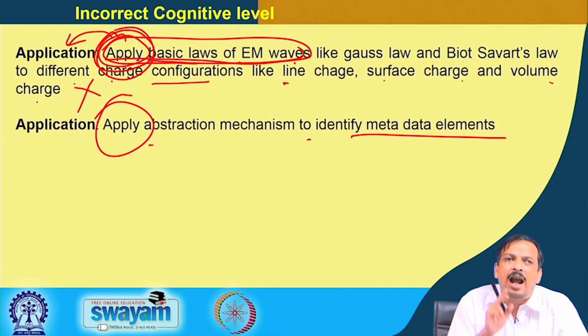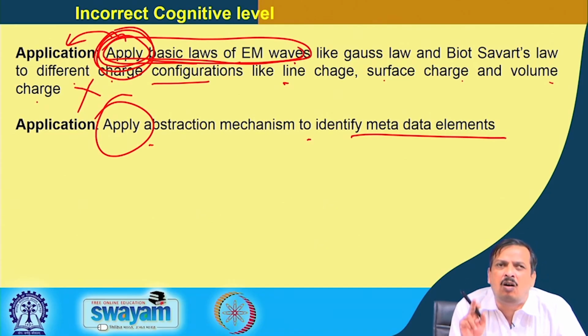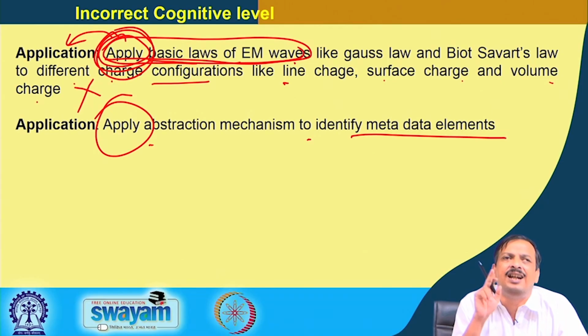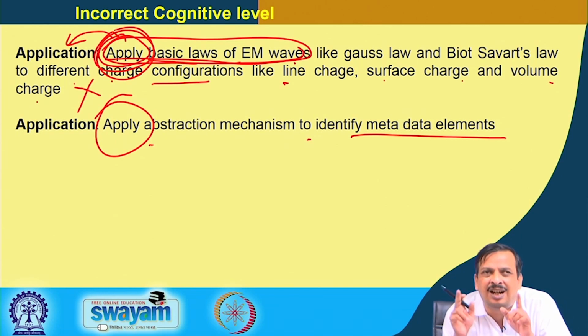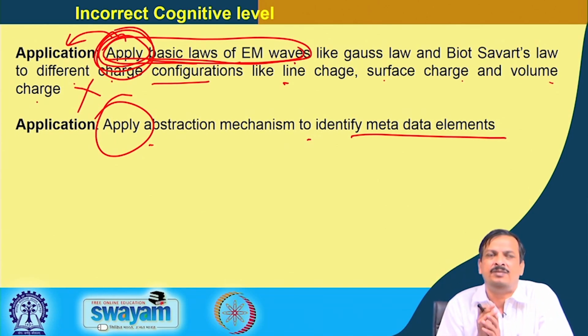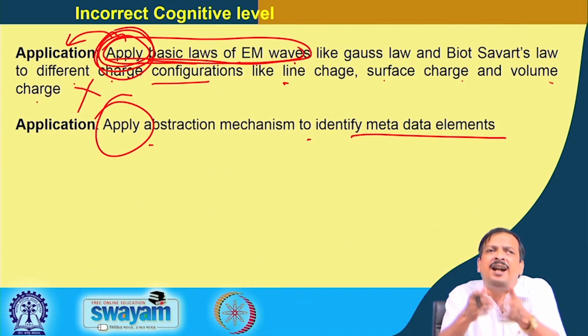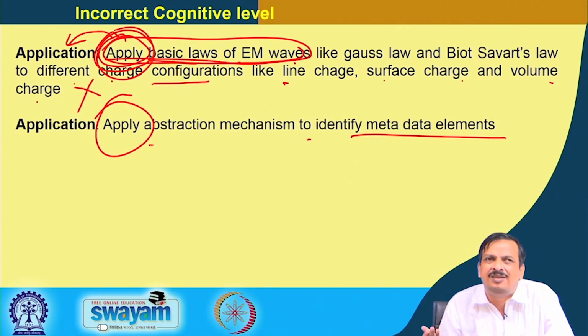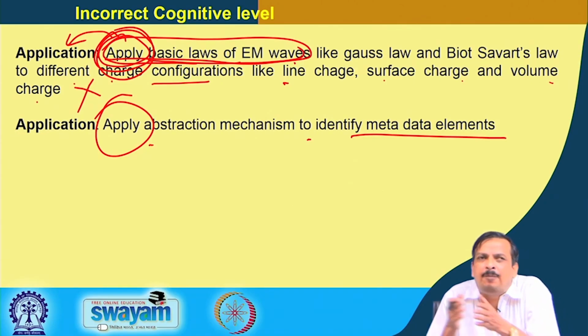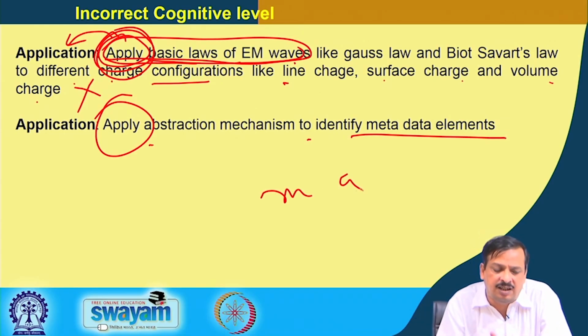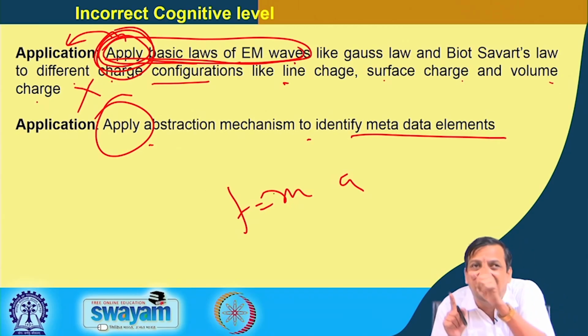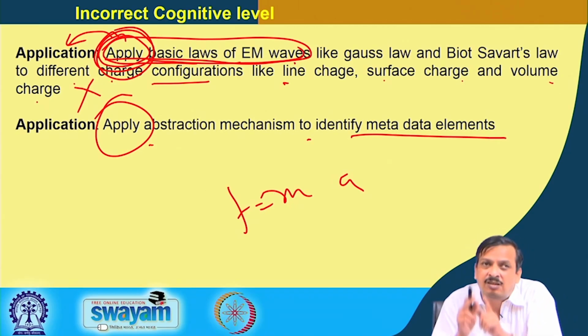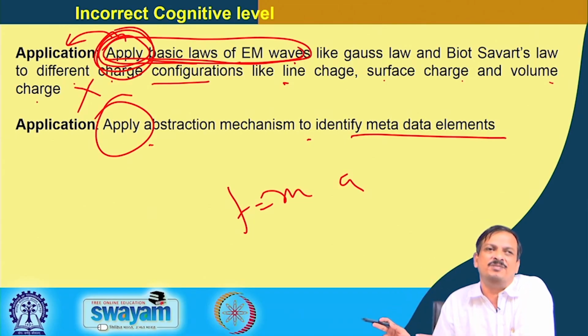Apply Newton's second law of motion is not an application level outcome. Why? Because Newton's second law of motion is a concept. Then in which new situation did I apply it? Never mentioned. So, instead of apply Newton's second law of motion, if I say, for a given mass and acceleration, calculate the force, this calculate is application level based on Newton's second law of motion.